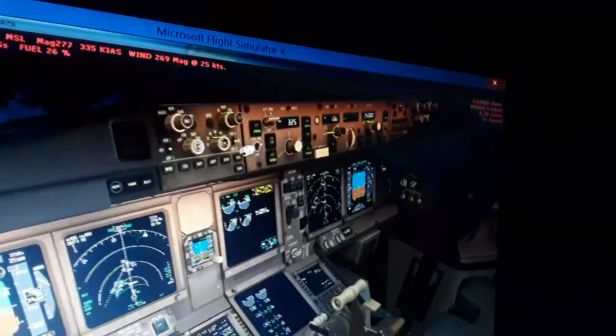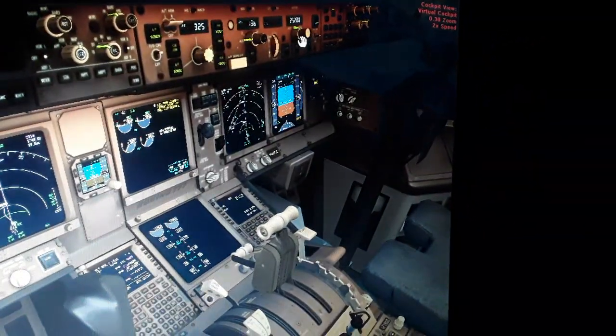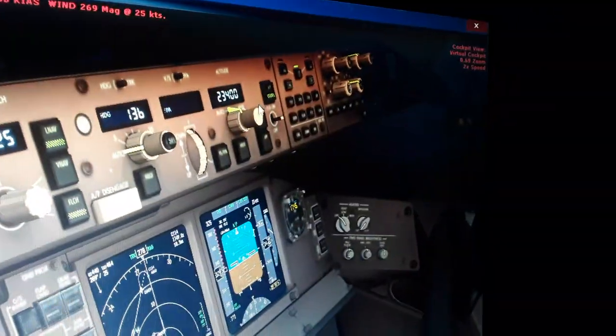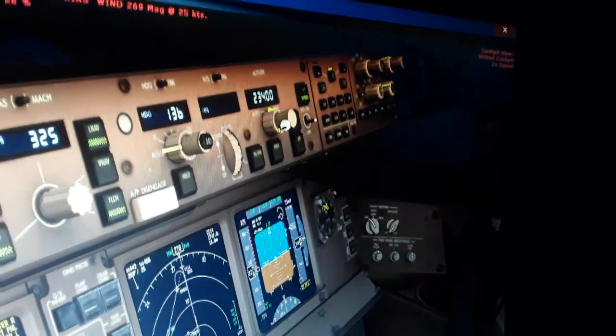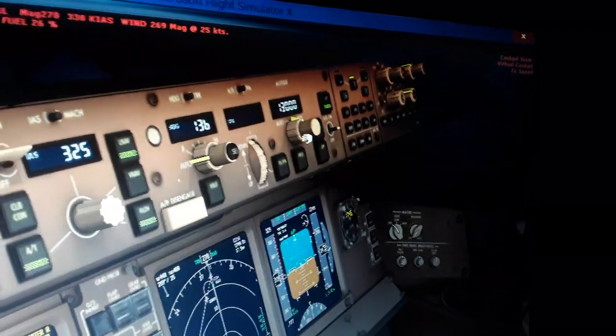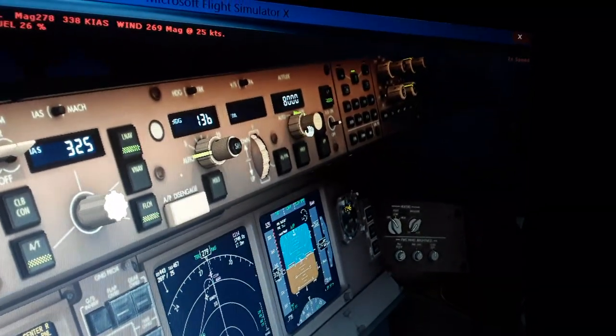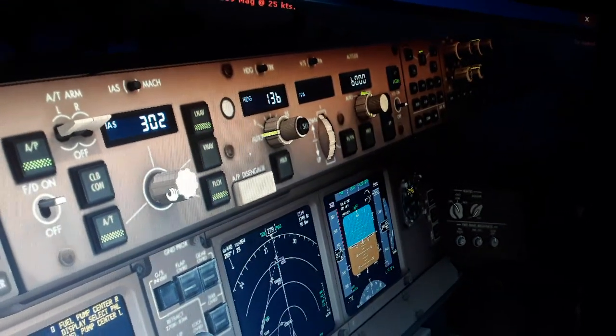I'm gonna start the descent. And also decrease the airspeed a little bit.